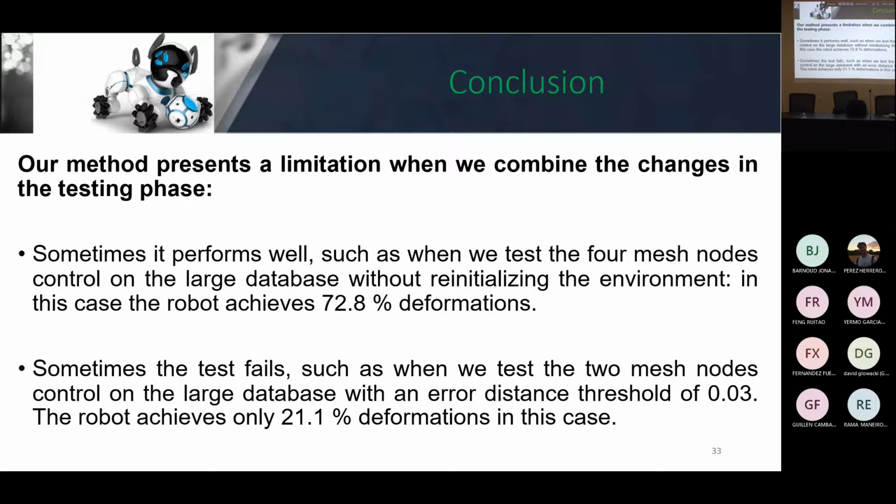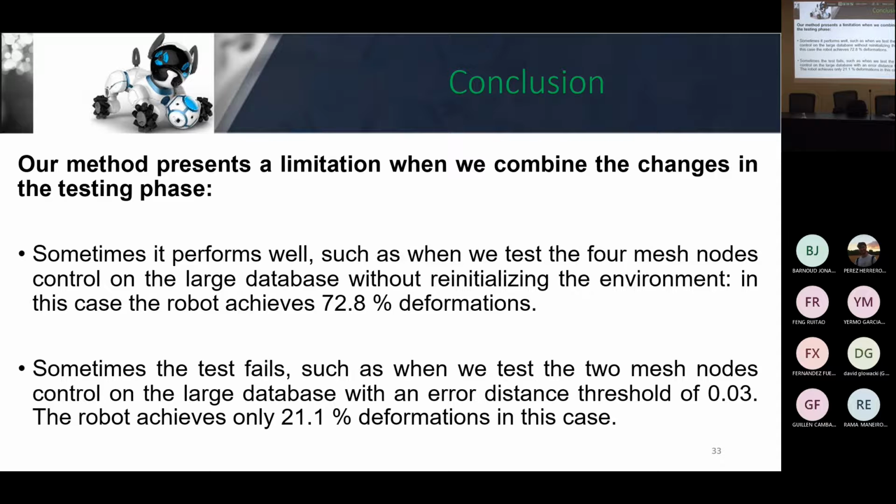Sometimes it works well and sometimes it works badly. As an example of when it works well, the second test I showed you for the 4 mesh node. I changed two things since I used the large deformation and I didn't reinitialize the environment. So here it was performing well. Like I said previously, it could achieve 73% of the deformation, but some other time it doesn't perform well at all.